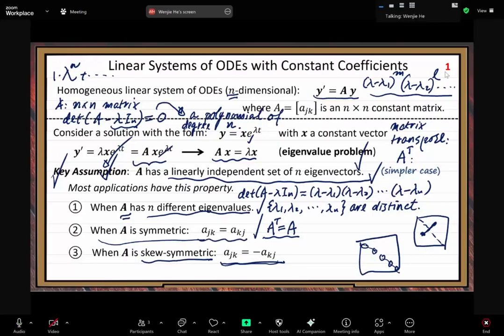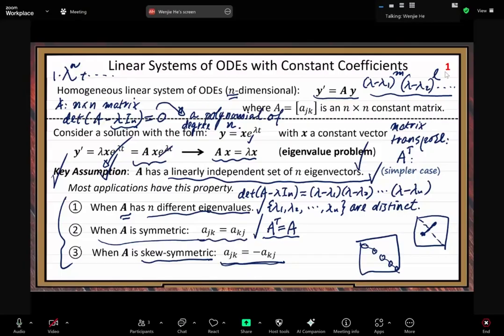Any form of eigenvalues. So in these 3 cases, we have the key assumptions automatically. Other than these 3 cases, there are still a lot more, but they are hard to describe. These 3 are very easy to describe. So here, I give you the background.